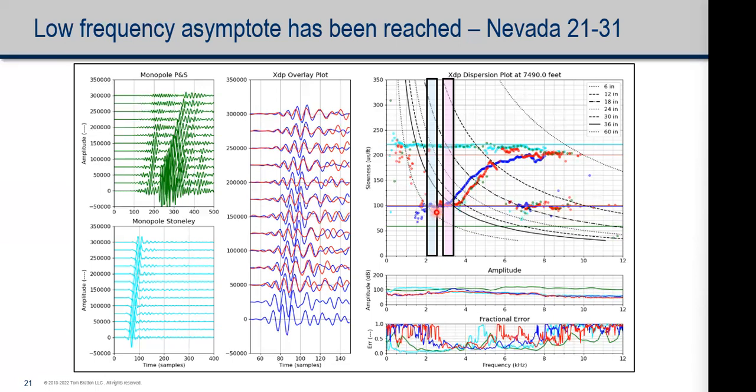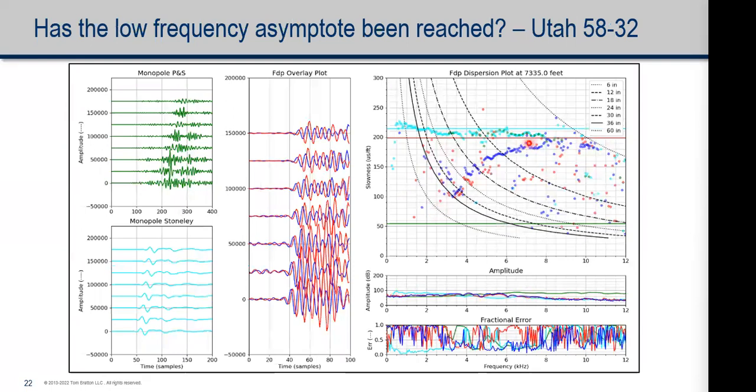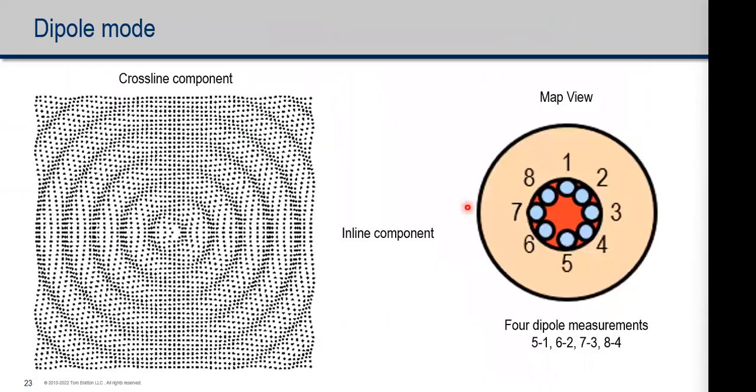Whereas in third generation tools, you really don't have enough energy down here at these low frequencies for it to asymptote and flatline, and so you're left doing a bias correction that, depending on what kind of formation you have, in general is not going to be as accurate.